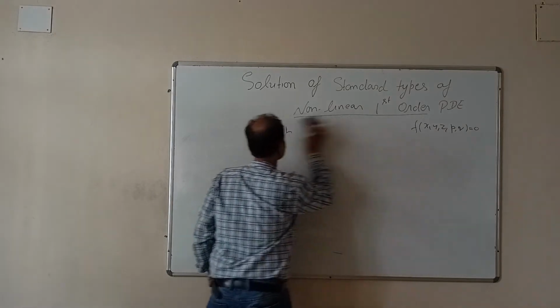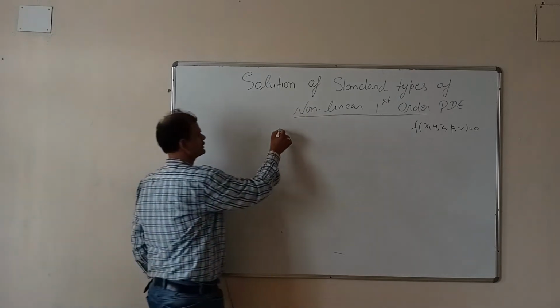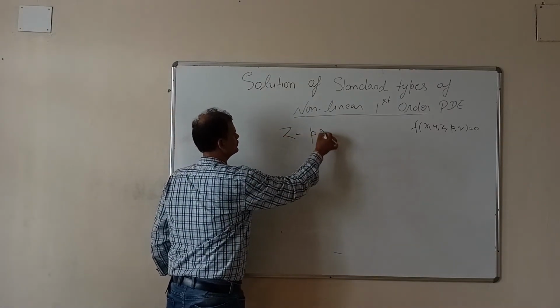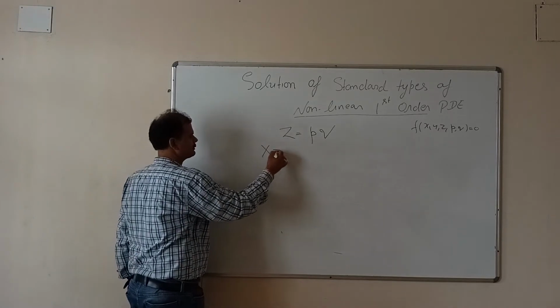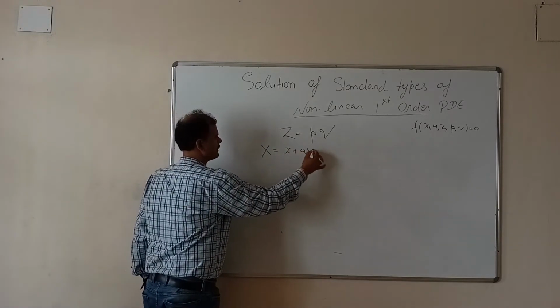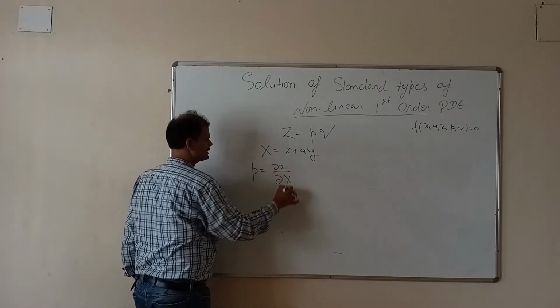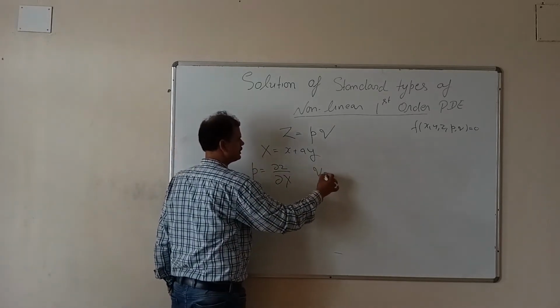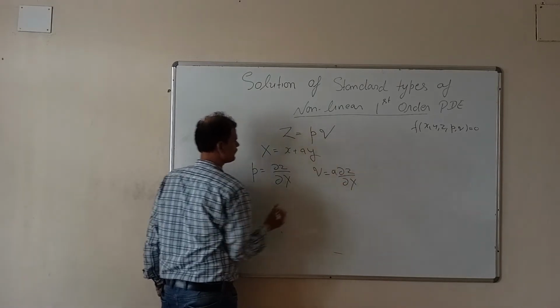Okay. So the next problem I will take for this Standard Form 2. The next one will be z equal to pq. Right. So what can we have? We can have capital X equal to x plus ay. So your p will be del z by del X, and q equal to del z by del X into a.